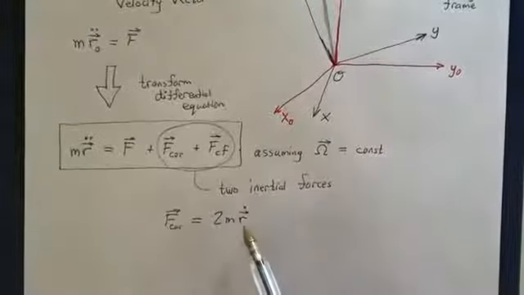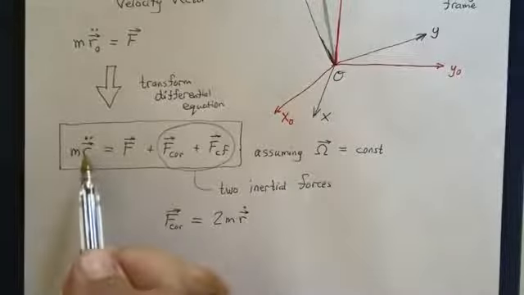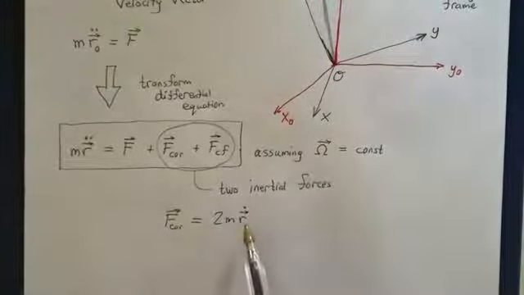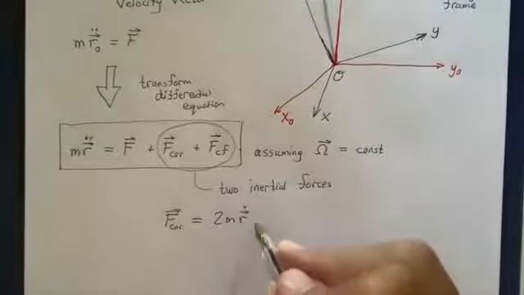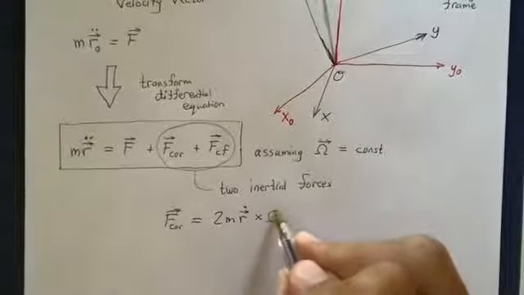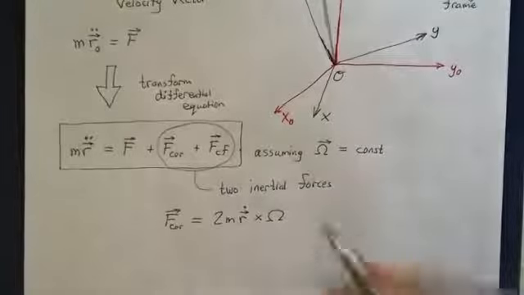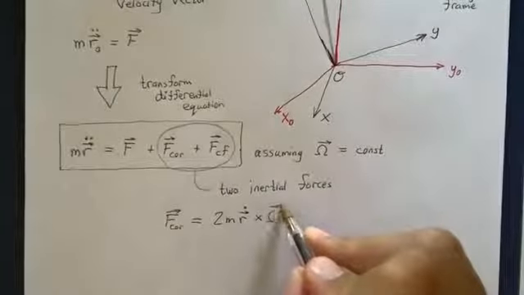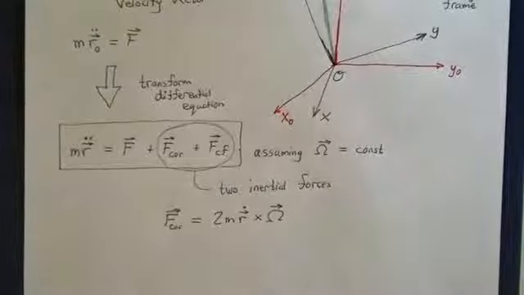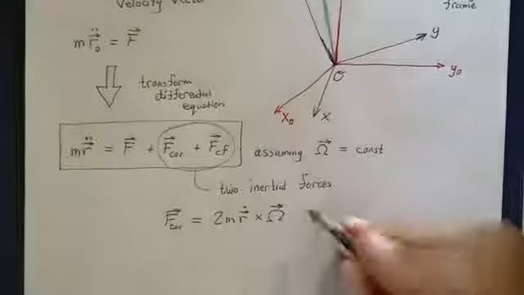This is the velocity of the particle in the non-inertial frame. Okay, so that's good. Here we have the acceleration in the non-inertial frame. Here's the velocity in the non-inertial frame, cross omega. So it's a wonderful thing. This Coriolis force really is wonderful. It does involve a cross product. Okay, so that's the Coriolis.